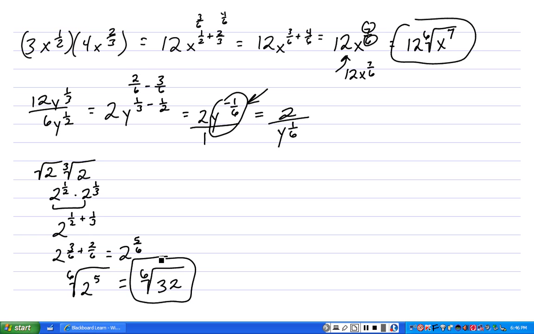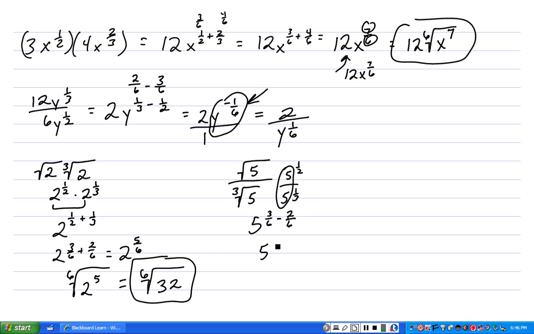Okay. Let's say we have one where we have the square root of 5 over cube root of 5. This would be 5 to the 1/2 over 5 to the 1/3. So this is like saying 5 to the 3 over 6 minus 2 over 6, because it's the same base, so you can just subtract the exponents.